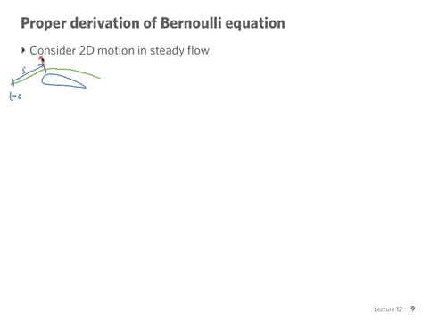The other coordinate will go orthogonal, of course, to S, and we call it N. So we have two coordinates, a curvilinear coordinate system based on the streamlines for steady flow. For steady flow, when I look at the flow at different points in time, the streamlines are going to be always there in the same place. So I'm going to construct a coordinate system on top of the streamlines.